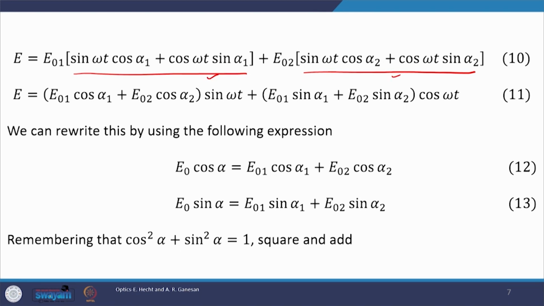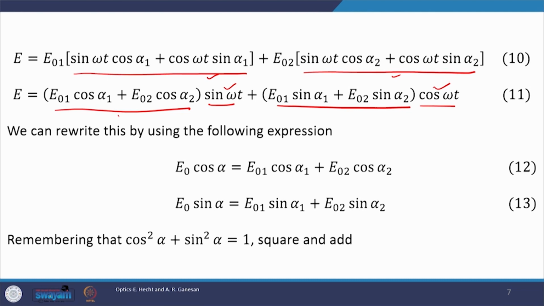Let us rearrange them. Let us take sin omega t and cos omega t common out of the given expression. Then this is a time independent component, and this is also a time independent component, and the time dependent components are sin omega t and cos omega t.